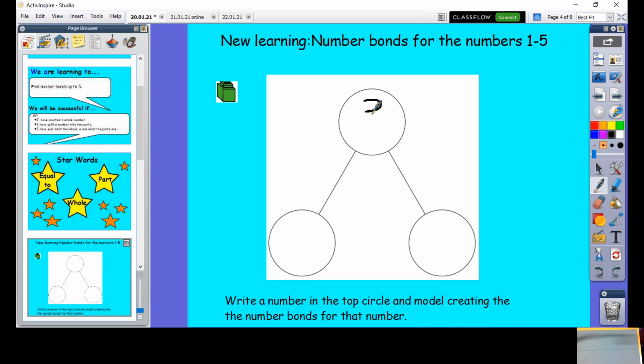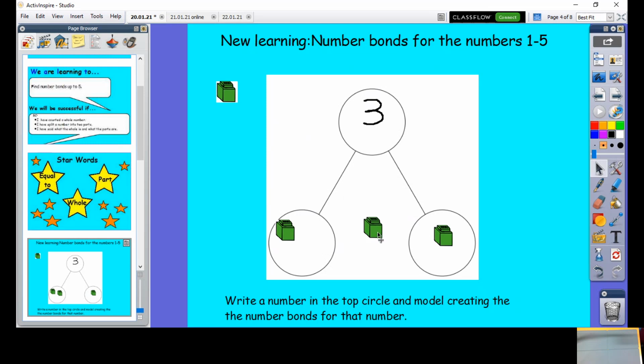I'm going to get my 3 here. And I'm going to split my whole number, my 3, into 2 parts. 1, 2, 3. So I have 2 in this part, and I have 1 in this part. 2 and 1 makes 3.